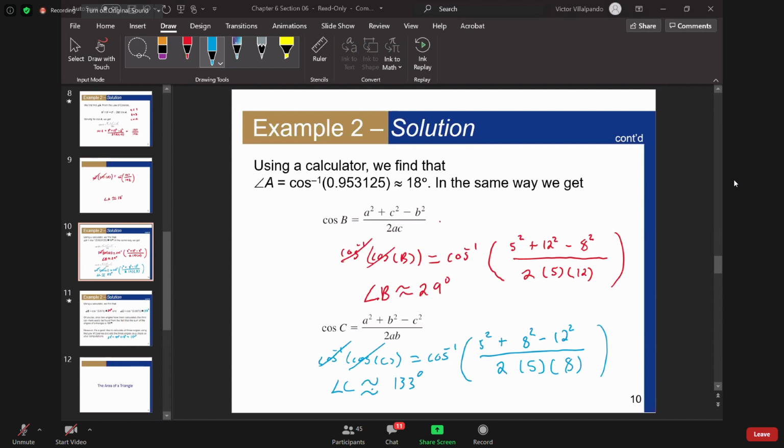For cosine 0.6775. You mean you got negative 0.6875, right?